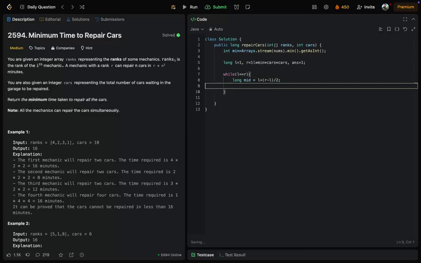Okay, then I need to find how many cars can be repaired under mid minutes.